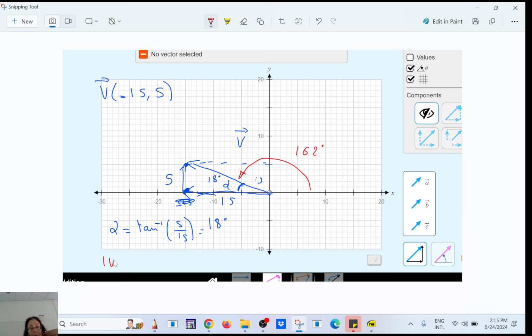What about the magnitude? Magnitude, you have to take the Pythagorean theorem, right? So it's going to be square root of 5 squared plus 15 squared. What do you get? You doing it? Don't space out.